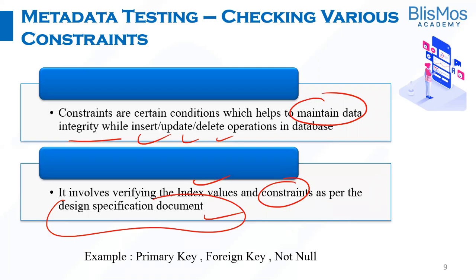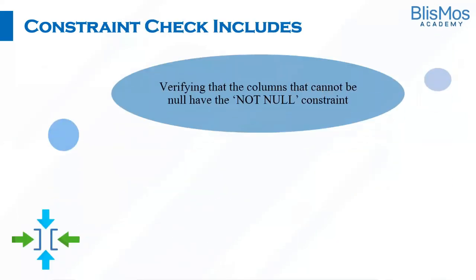Some examples of constraints are primary key constraint, foreign key constraint, and not null constraint. So how do we check that? Assuming that as a part of our mapping document, the not null constraint is specified, we have to go ahead and check by inserting null values in that particular column and validate whether it is accepting the null values or not. That is how you'll validate the not null constraint.